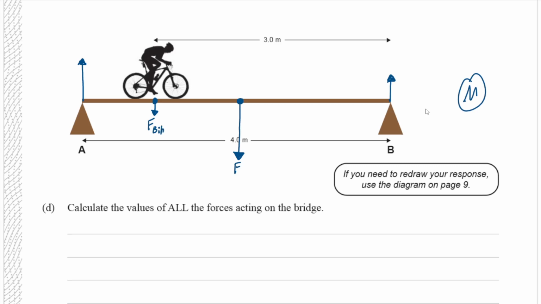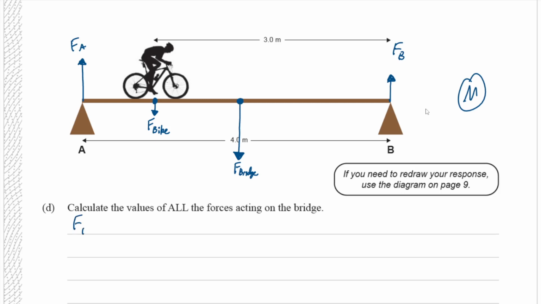F bike, F bridge. Right? Don't be afraid, if the word's short, to use the full word in the subscript, because when you read it back, you can actually look at your work during the calculation. So yeah, but these ones I'll just label FA and FB. Cool. So we have our forces labeled.